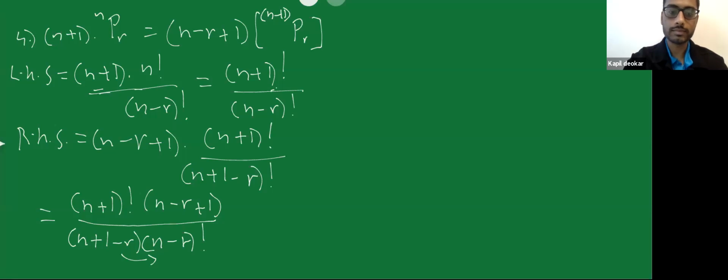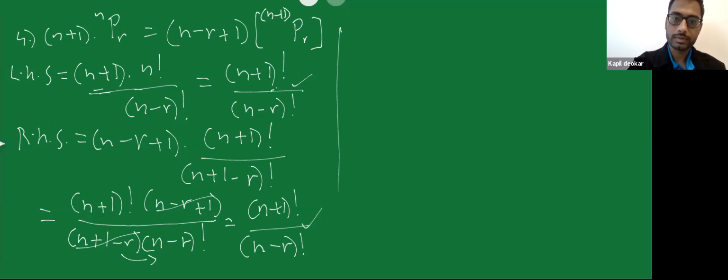Subtracting 1, I'll get next term. So this term and this term gets cancelled out from your numerator and denominator. What I have over here is n plus 1 factorial divided by n minus r factorial. Therefore, I can say LHS is equal to RHS, hence it is proved.